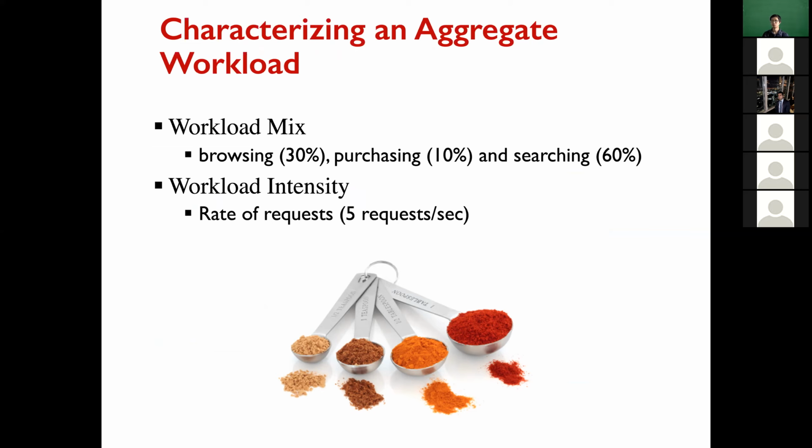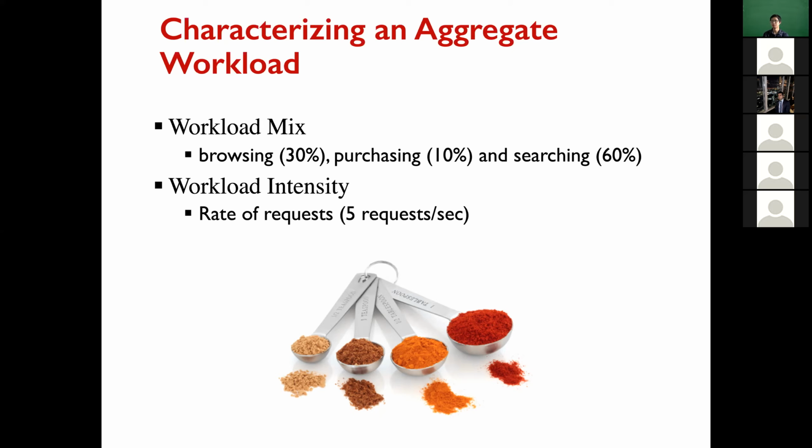Then we also need to determine the workload intensity, like how many users or requests during a small period of time, for example 5 requests during 1 second. Based on the workload intensity and workload mix, we can design the requests and simulate a realistic workload.